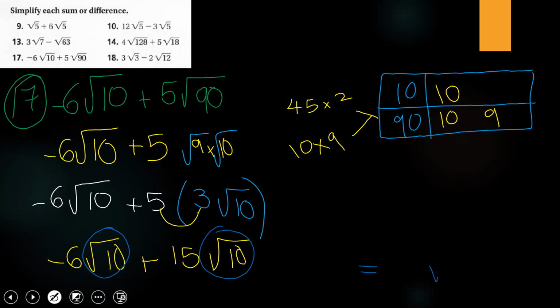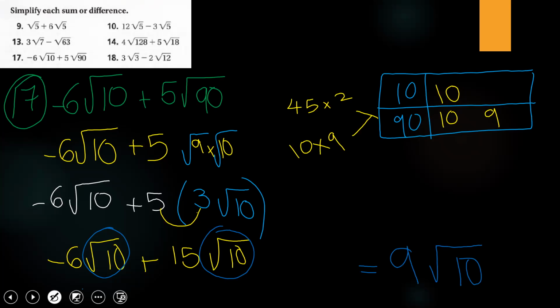So let's add negative 6 plus 15. It will be 9, exactly. So the final answer is 9 square root of 10. Is it clear? Yes, teacher.